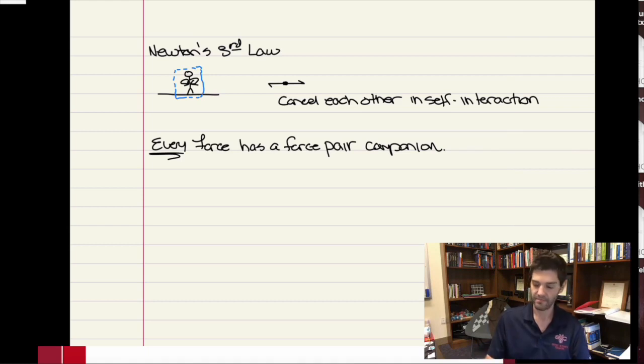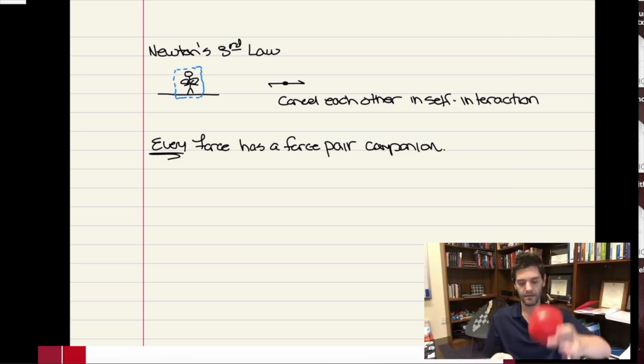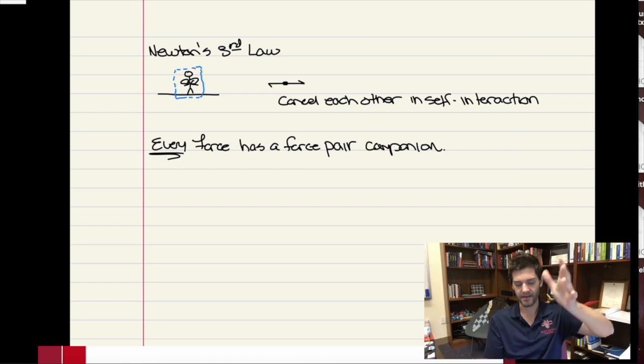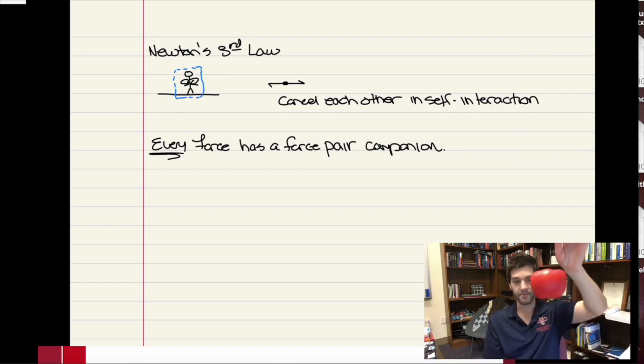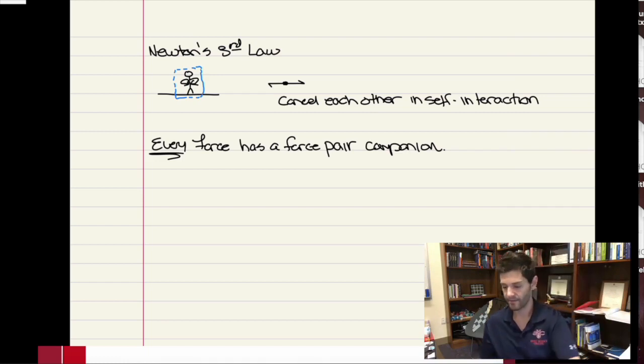Less obvious examples might be when the apple is in the air, gravity is bringing the apple down towards the earth. But by Newton's third law, there must be a force pair companion for that gravitational tug. Earth pulls the apple down. As a result, the apple is also pulling the earth up. Earth is exerting a force on the apple. The apple is also therefore exerting a force on the earth.